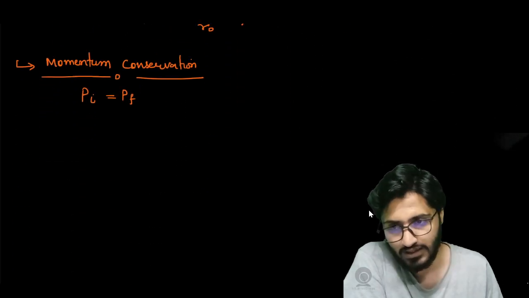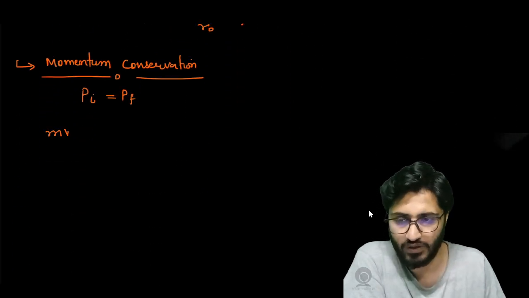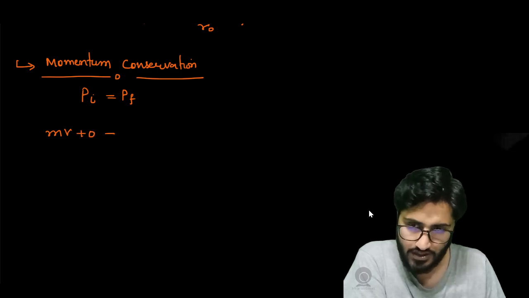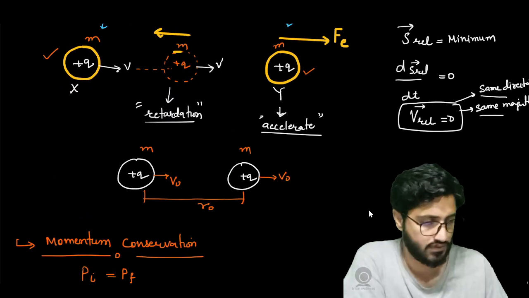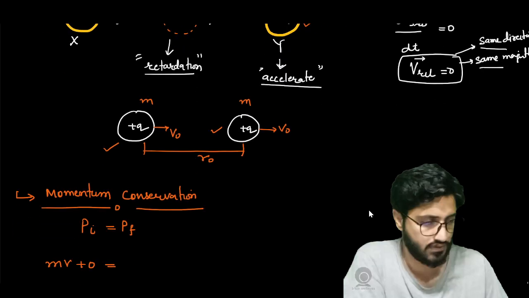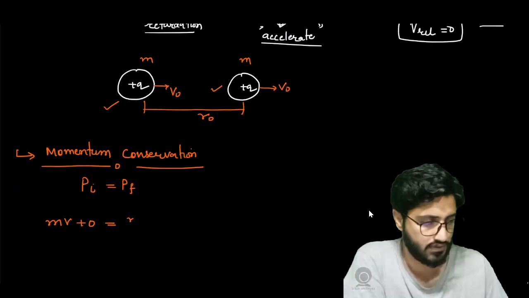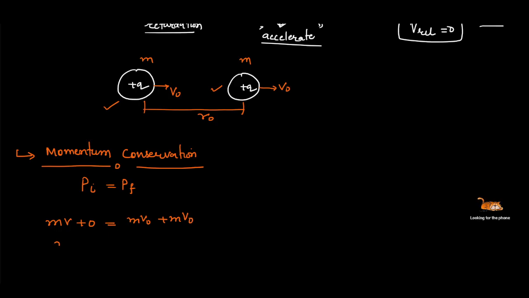So I can write mass of first one into velocity plus 0 is equal to the final condition. In the final condition, both particles move together. So mass of first one into velocity plus mass of second one into velocity: mv comes out to be 2 times mv naught. Cancel out. So my v naught comes out to be v by 2. So this velocity is v by 2.